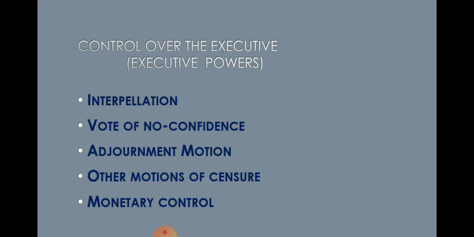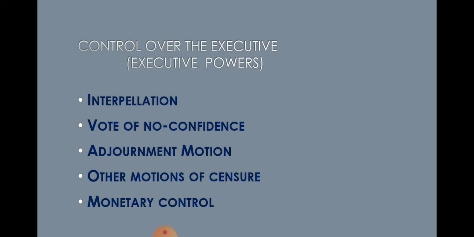Once the question is accepted by the speaker, the member of the opposition side can ask the question, and the responsible minister or the MP from the ruling side should give the answer. So in this way, by asking questions, the Indian Parliament is exercising its power over the executive.